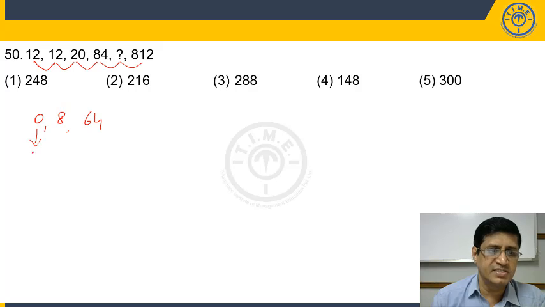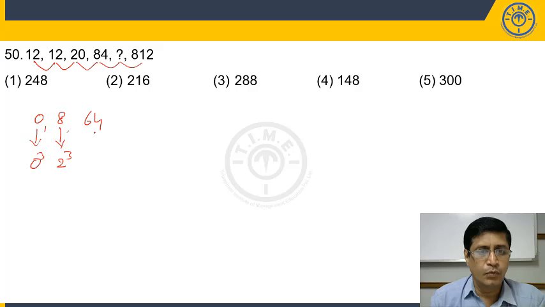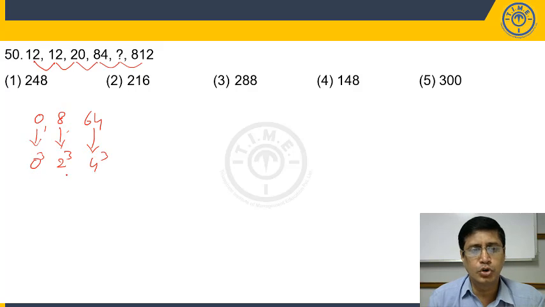So we can express 0 as 0 cube, 8 as 2 cube, whereas 64 as 4 cube. So 0 cube, 2 cube, 4 cube.